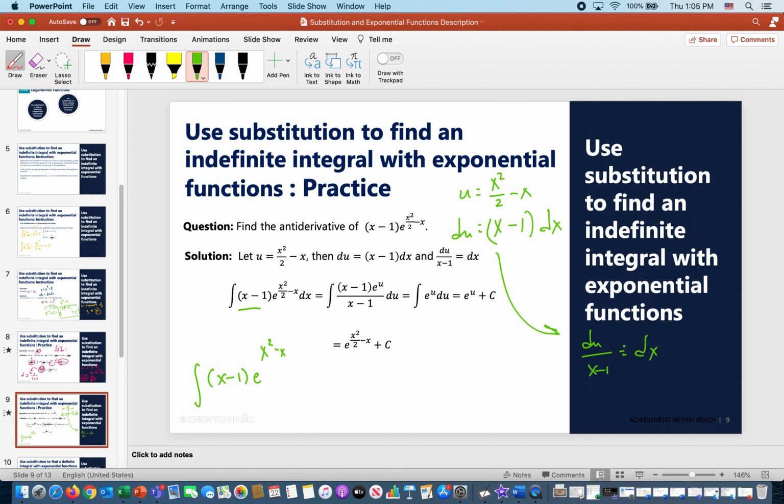Okay, so remember, we're replacing dx with du over x minus 1. Well, now those x minus 1's cancel, and we've just got e to the, that whole thing is u, e to the u du, or e to the u plus c. And we plug that u value back in, so e to the x squared over 2 minus x plus c.